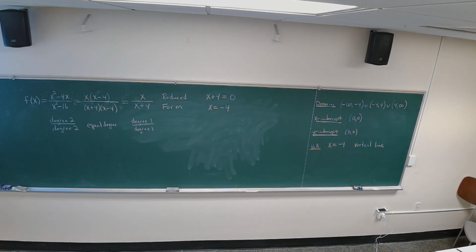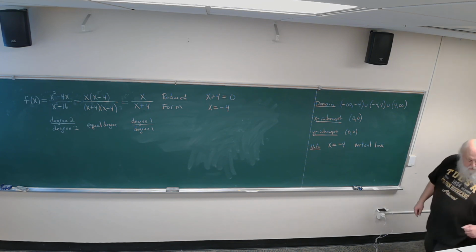If the degree of the numerator equals the degree of the denominator, then the equation for the horizontal asymptote is the horizontal line y equals this fraction. The numerator in the fraction is the leading coefficient of the numerator, and the denominator in this fraction is the leading coefficient of the denominator.